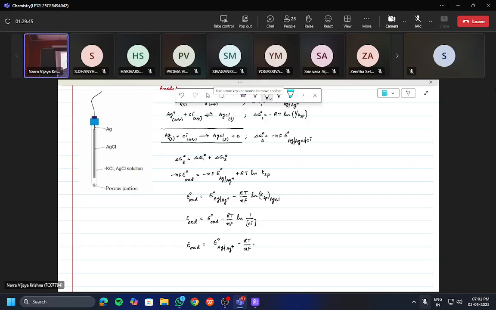So from this and this, can I take RT by nF common? What is left is log base e of KSP of AgCl upon concentration of Cl minus. Any questions in this? Clear or not?